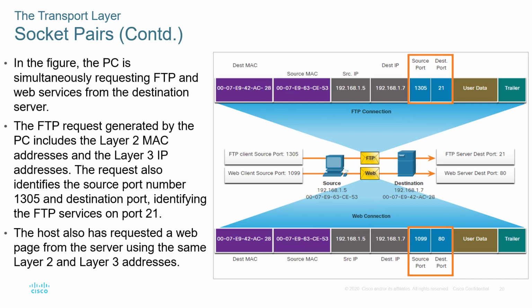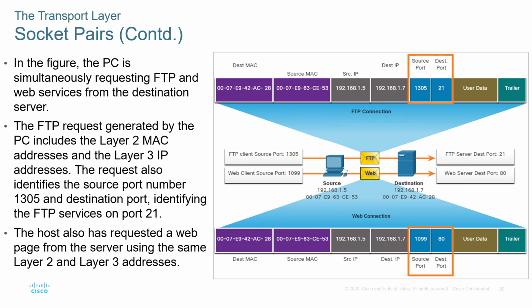The socket pair, again, we look at the ports and the addresses, them combined make the pair. Sometimes you will actually hear socket pair referred to as the source and destination ports together, combined. This is also true. This is not looking at the communication back and forth, this is looking at just the layer 4 communication.